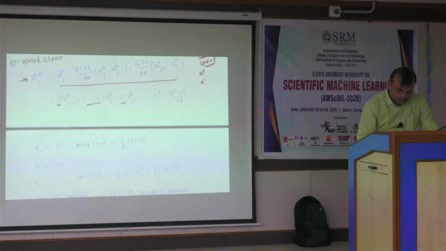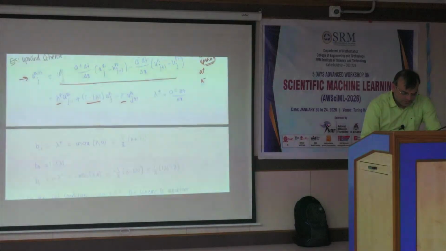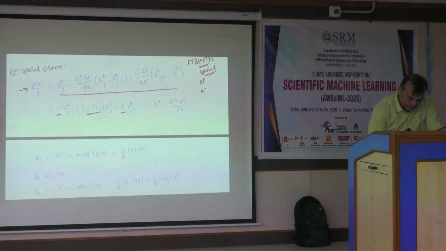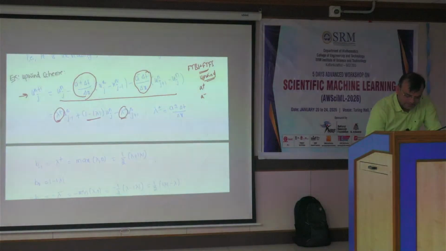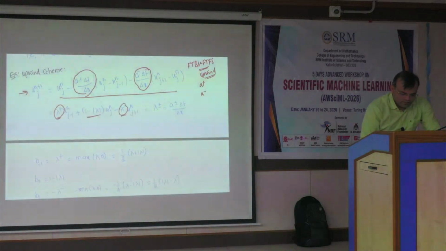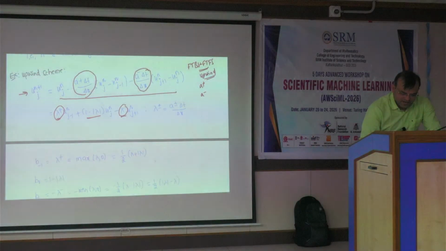So now we write a plus times delta t by delta x as lambda plus, and a minus times delta t by delta x as lambda minus. Since u_j^n contains a plus as well as a minus, we write this using the modulus symbol.